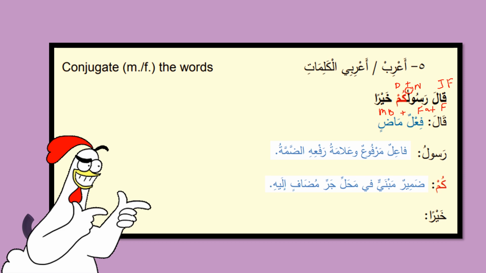But your formula remains the same: fi'l plus fa'il plus maf'ul bihi. So seeing the fatha, that means this is our maf'ul bihi. So what will be your i'rab? Maf'ulun bihi mansubun wa alamatu nasbihi al-fathatu.